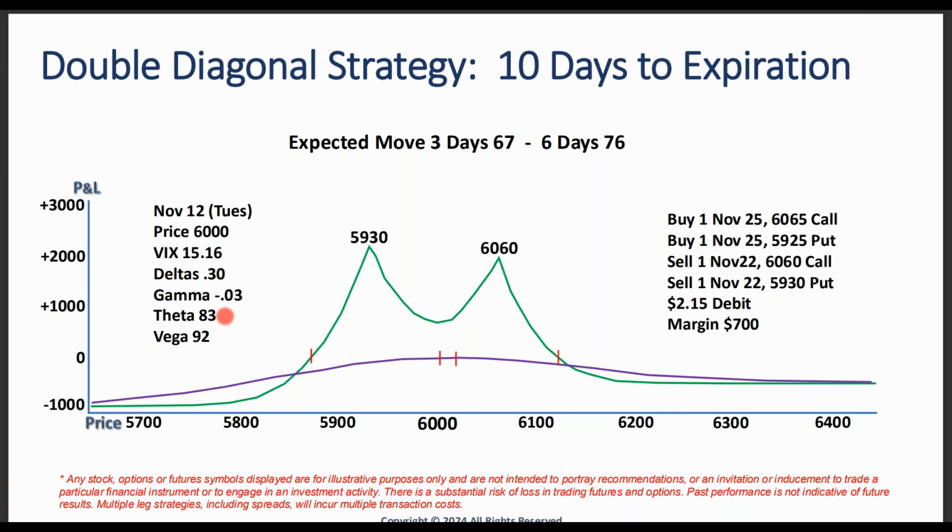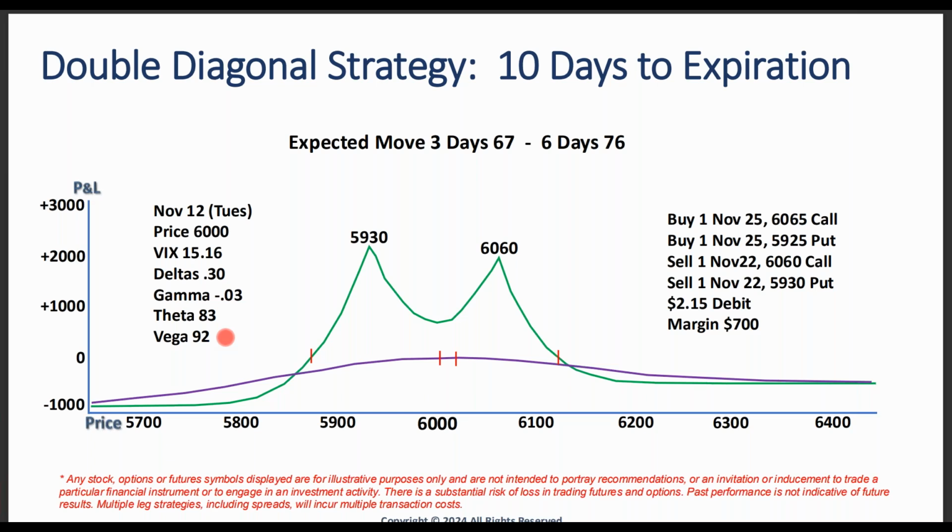And then the last thing, Vega, if you go to that with the red ball, Andrew, what that means in English and Spanish is that if you took the option volatility when you put this on of my long 60-65 call, my long 59-25 put, my short 60-60 call, my short 59-30 put, if the volatility of those 4 options dropped 1 point with that positive Vega, I would lose $92.